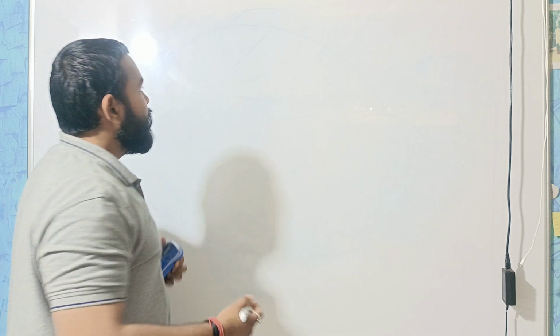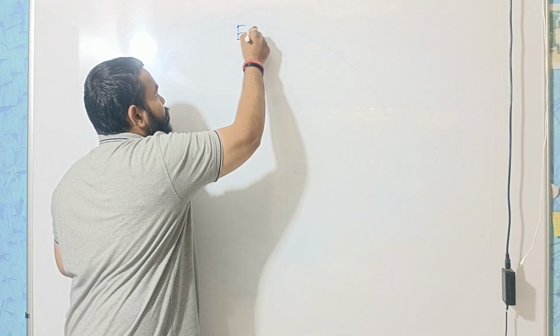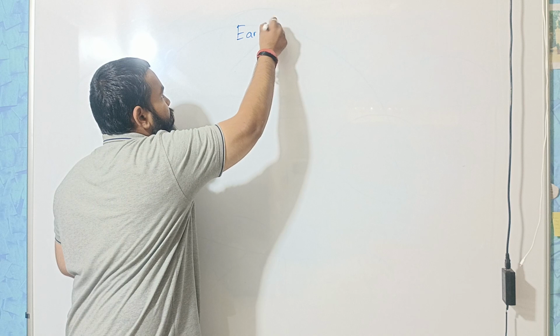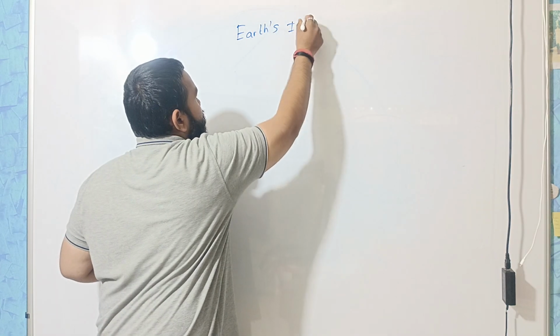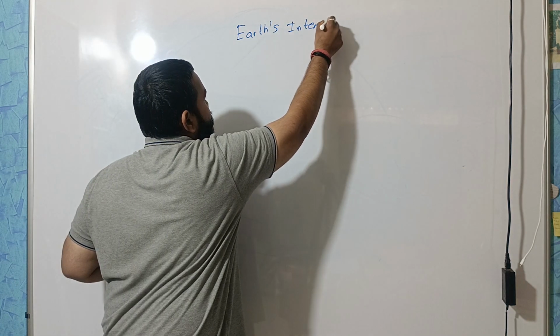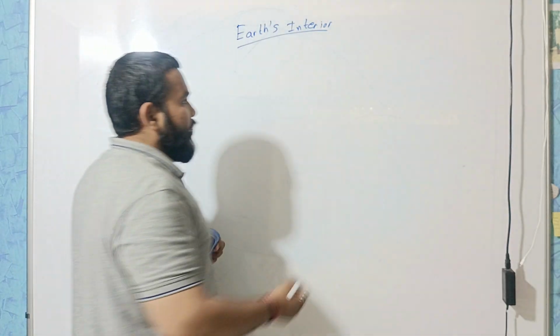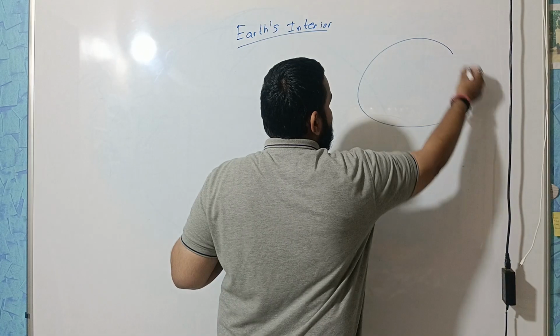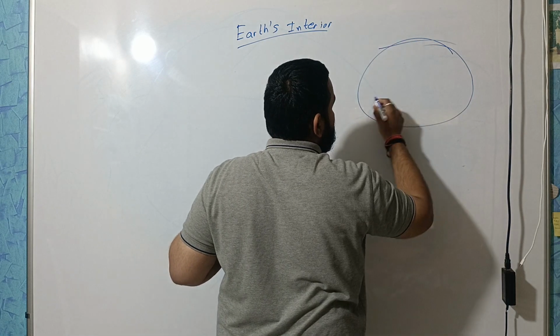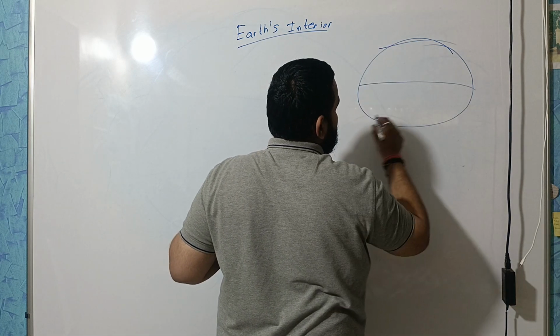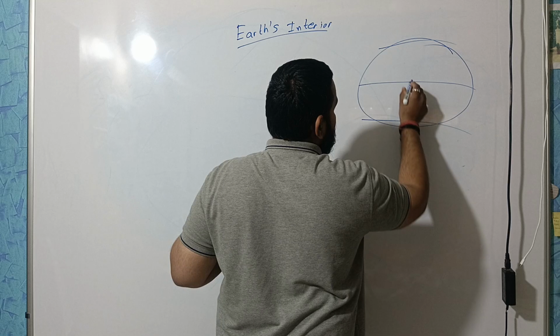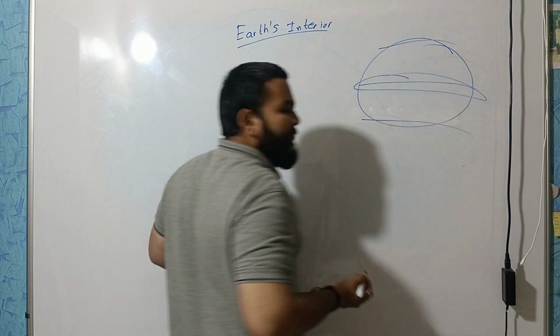Now come to the Earth's interior. We know that our Earth is geoid in shape, flattened at the poles and bulky at the equator. We know that.